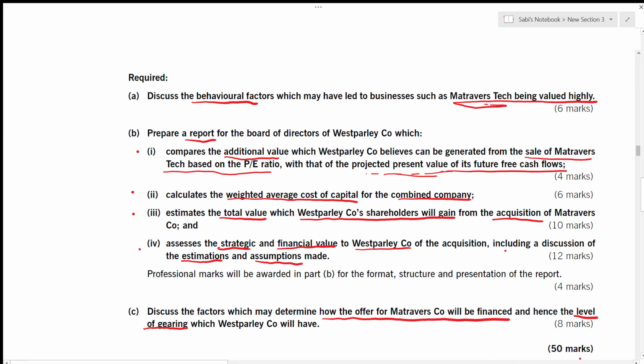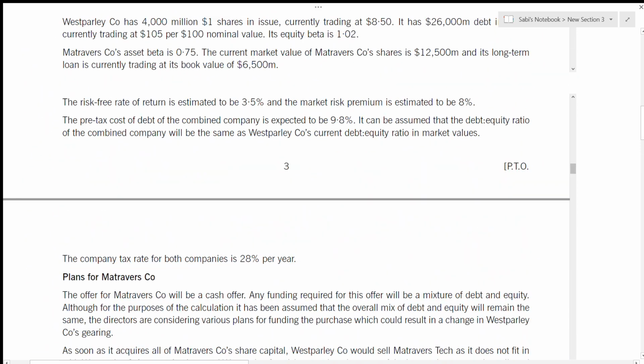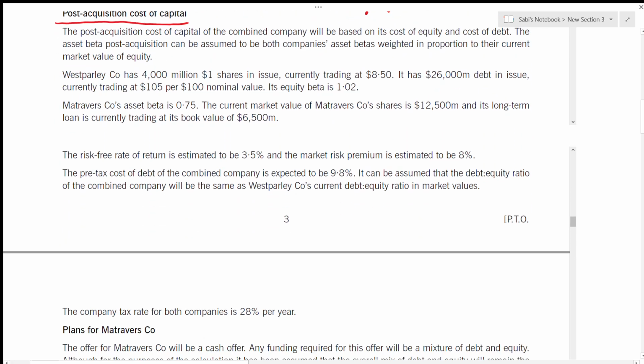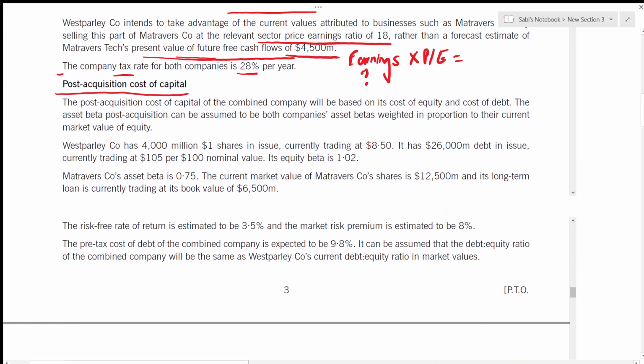Now let's start. What is the relevant section for this? The relevant section, they will be using heading, so only this part is relevant for you. For post-acquisition cost of capital. Now, let's read. The post-acquisition cost of capital of the combined company will be based on its cost of equity and cost of debt.